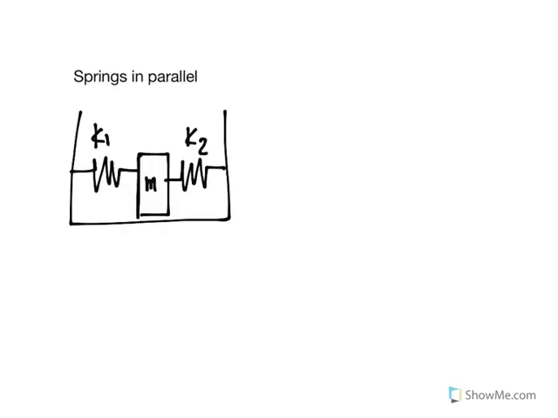Now, if instead of having a series of springs, I have springs that are in parallel, if I, for instance, pull or push, whatever you want to state, or move the spring towards the right, I will deflect spring 1 in the same way I deflect spring 2.